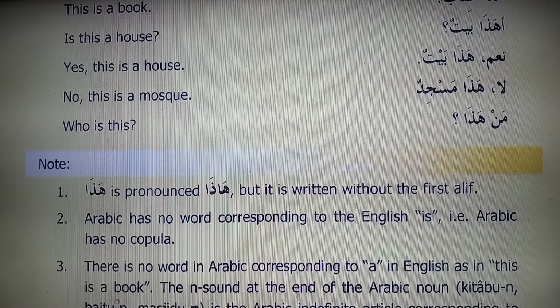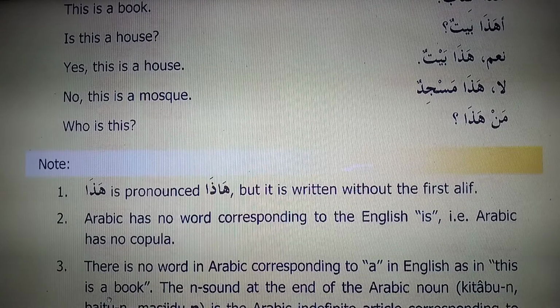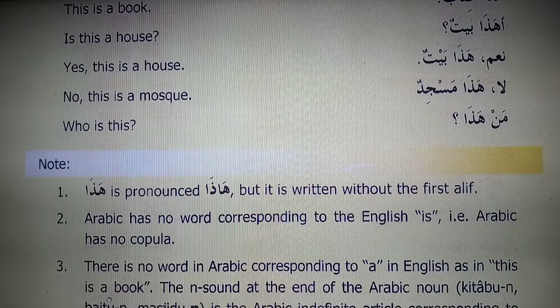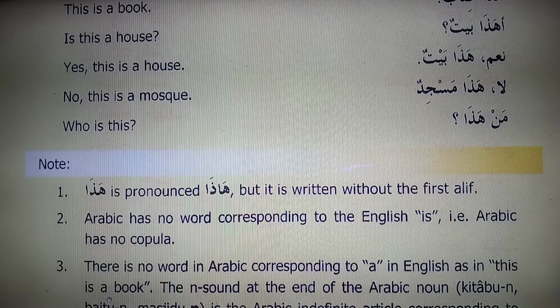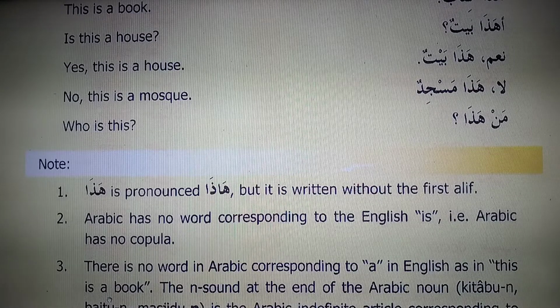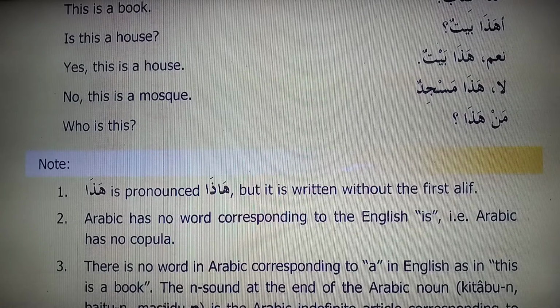So "this is a book" doesn't exist; the "a" itself doesn't exist. So هذا كتاب, this is book. I'm just trying to give an example here. It's actually read like "this is book", but initially it means this is a book. So the "a" itself doesn't exist.